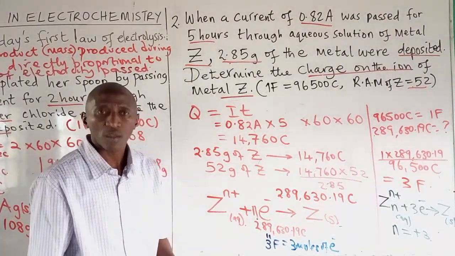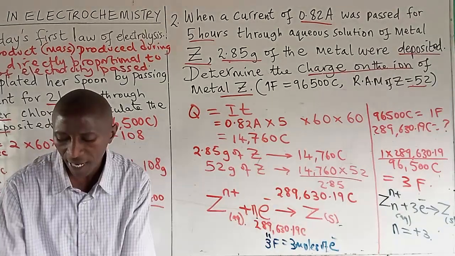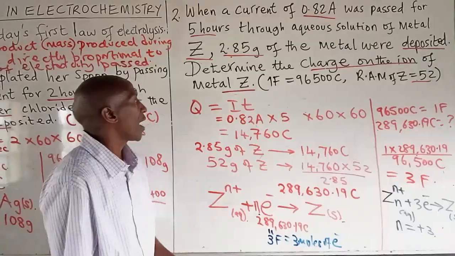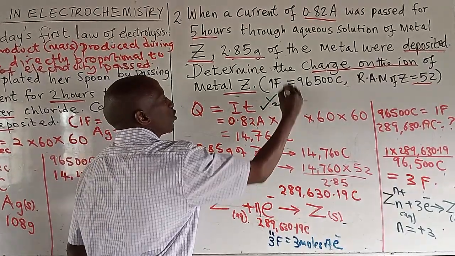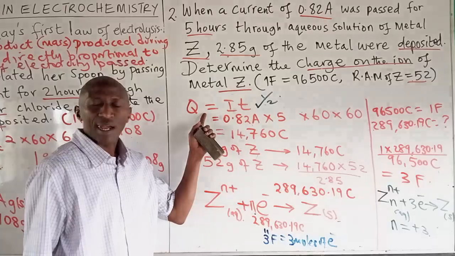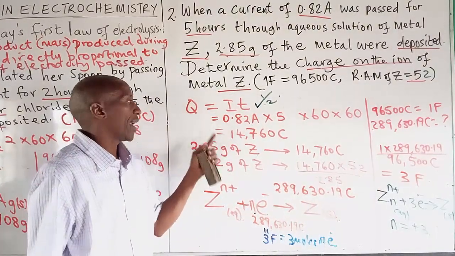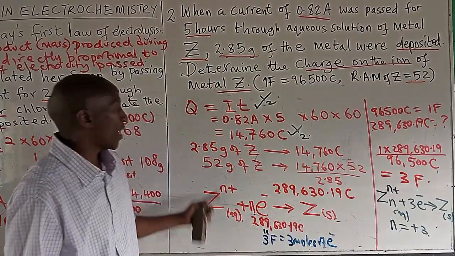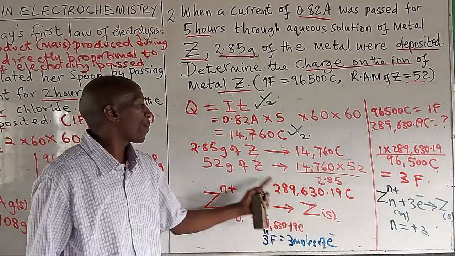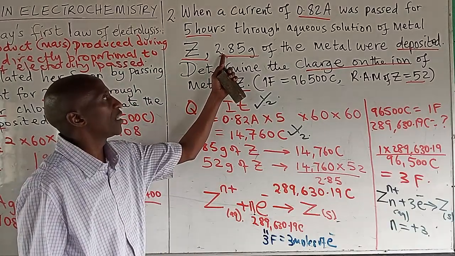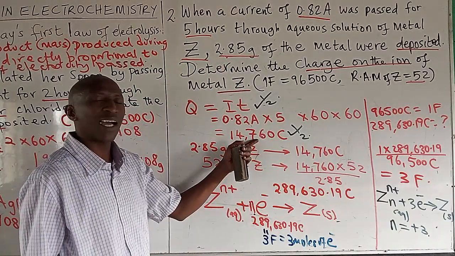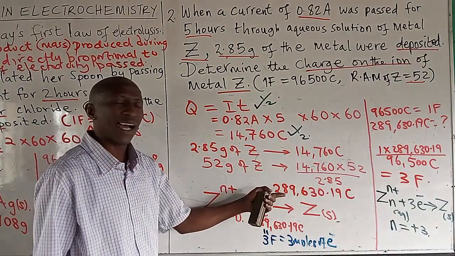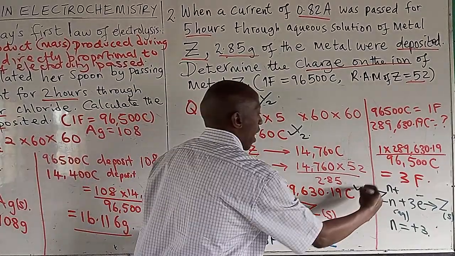So in this question, if we were to mark and see what the key areas were, we would take that this is very crucial. Writing the formula is always going to earn you a mark, and the subsequent substitution gives you half a mark. Now, this relation, whereby we relate the mass deposited to the quantity of charge supplied to earn the quantity of charge for 1 mole, should give us half a mark.